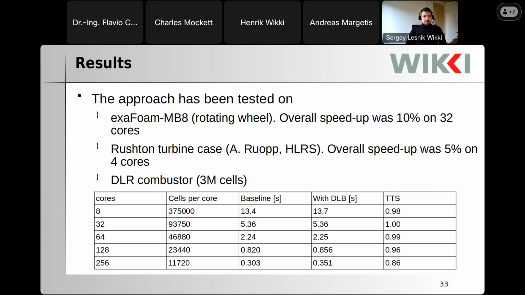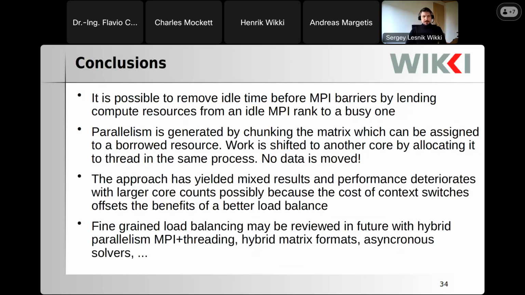But when we go to 2 nodes, we get a 14% penalty. I expect that to get a little bit better, and I hope to, because there are still things that we see in the traces that should not be there. So we are trying to improve, but as it stands at the moment, we have no benefit to report. Keep going. At least on the DLR Combustor.